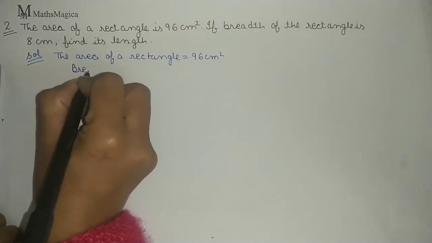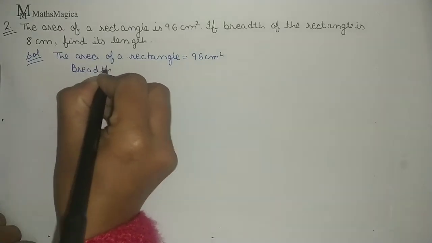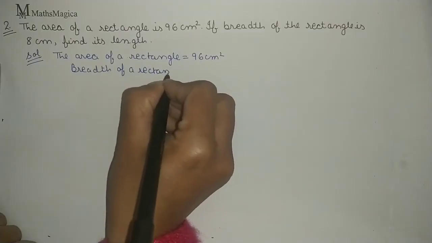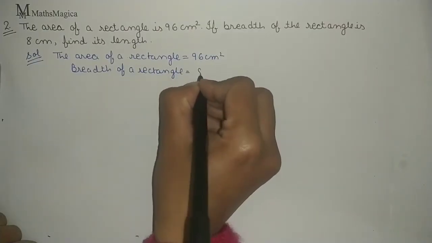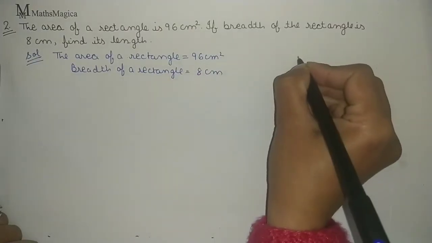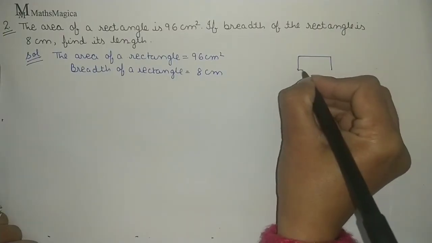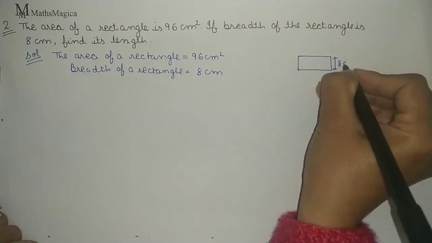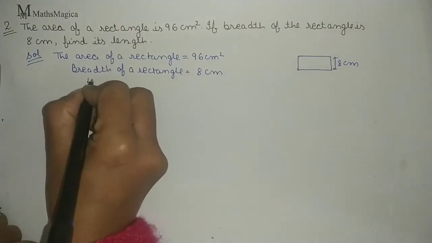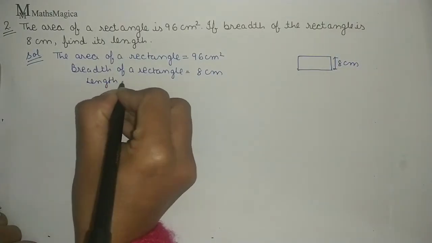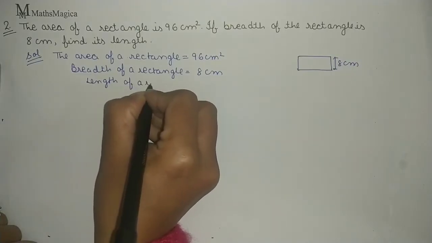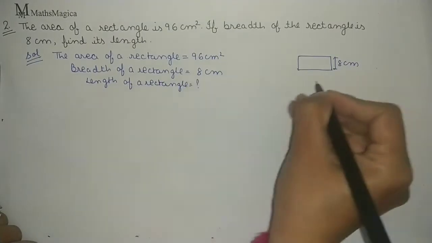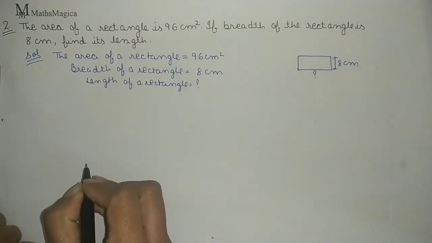Breadth of a rectangle is equal to 8 cm. This is a shape of rectangle. Breadth is equal to 8 cm. Find its length. Find the length of a rectangle.